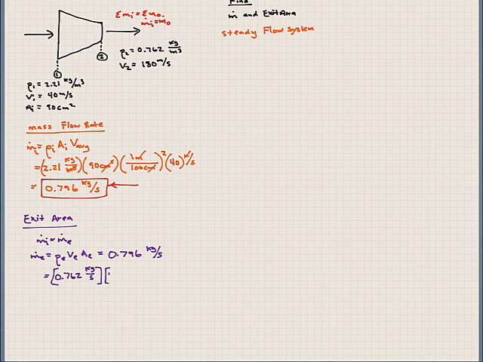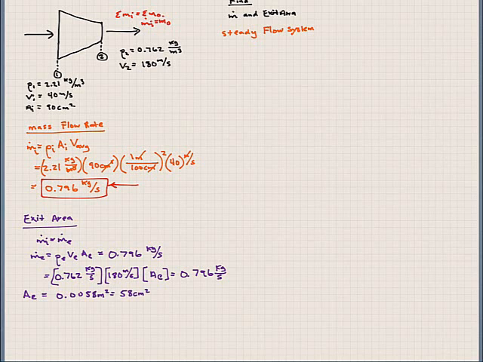Exit velocity is also given, 180 meters per second. And our exit area is not given, that's what we're trying to find, and this is all equal to 0.796 kg per second. If we calculate this, the exit area comes out to be 0.0058 meters squared, which is equal to 58 centimeters squared.